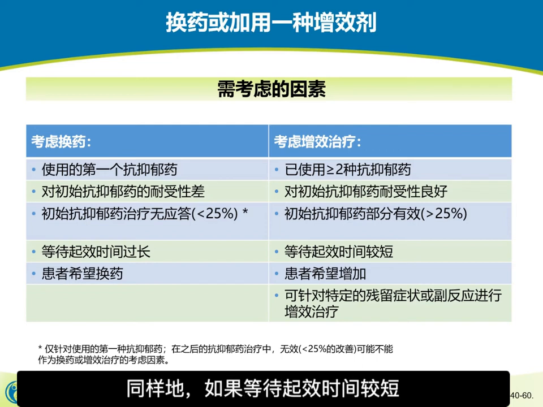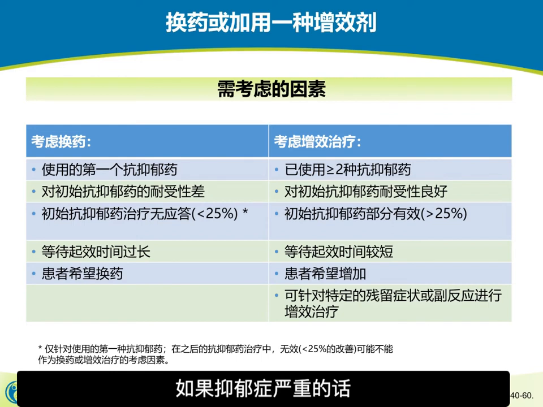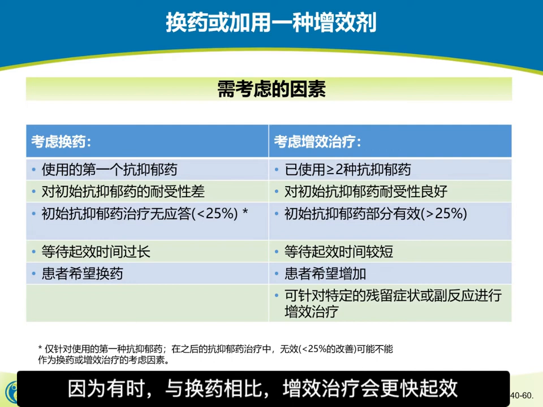Similarly, if you have less time to wait for a response, if the depression is severe, if they're greatly impaired because of the depression, then it makes more sense to add on because sometimes that's a faster response with an add-on strategy rather than switching to another antidepressant.